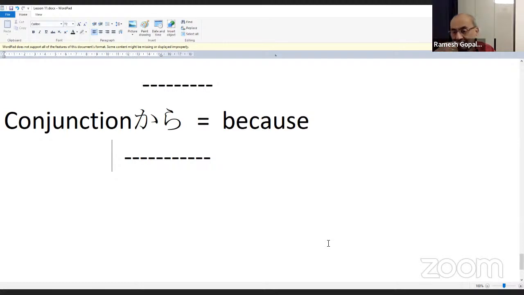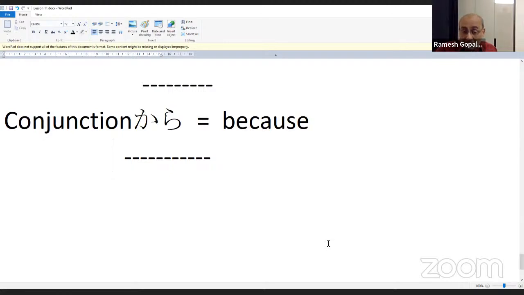Now, suppose I say, again, let us bring that ice cream only. Ice cream ga, see, I'm bringing that particle.